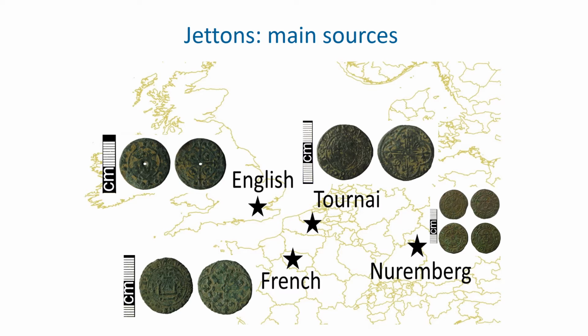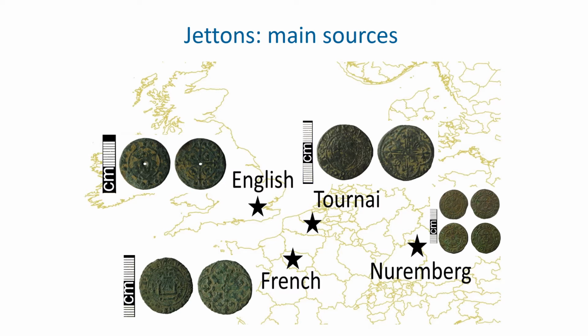The star is over London, as this is thought to be their main place of manufacture, as we'll discuss in a moment. You get a trail of English jettons into the late 14th century, but from around 1350, the jettons used in England mostly come from France. This predominance lasted around a century.